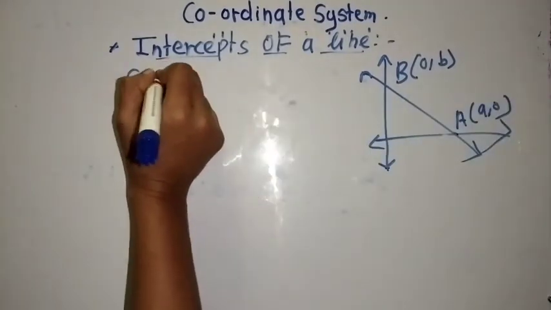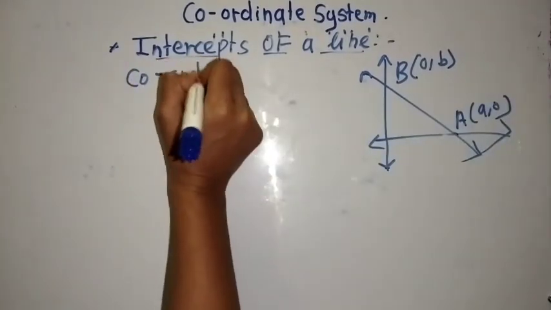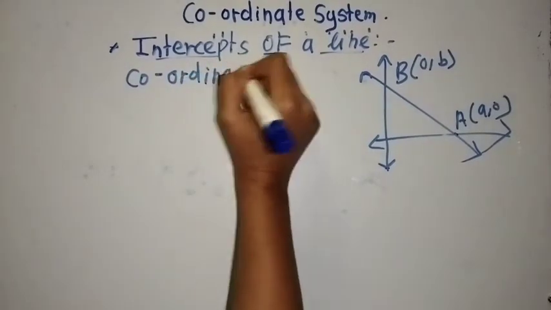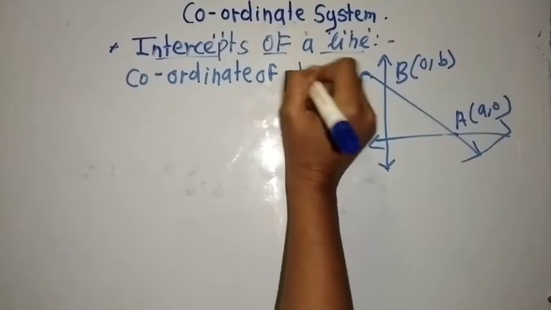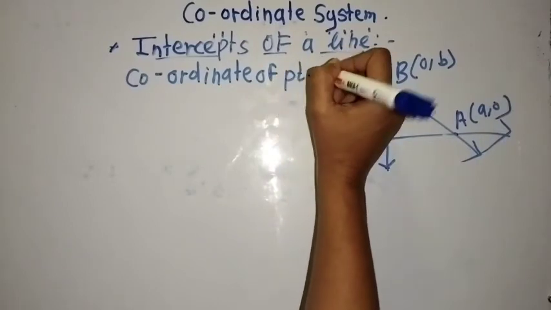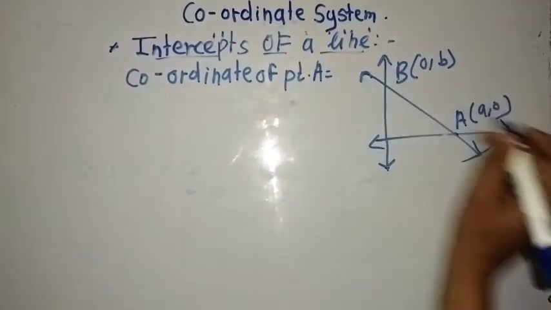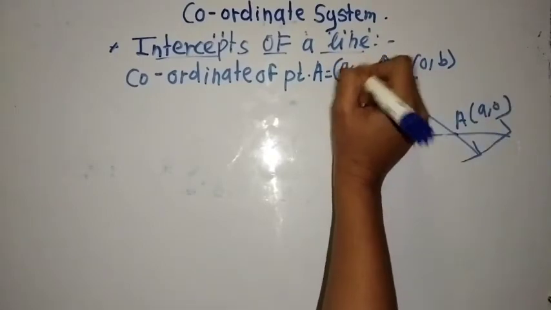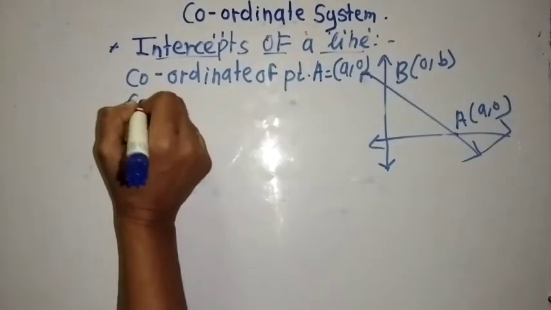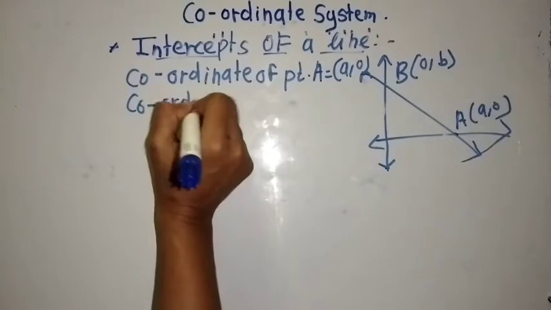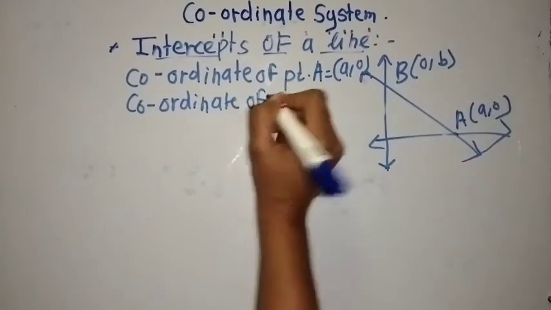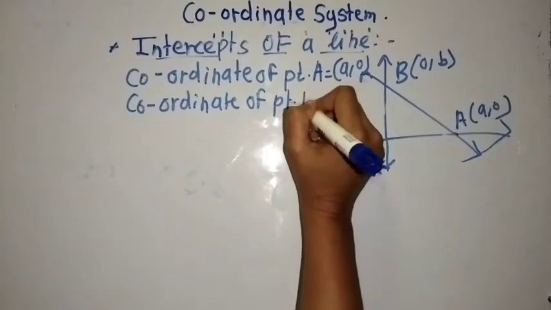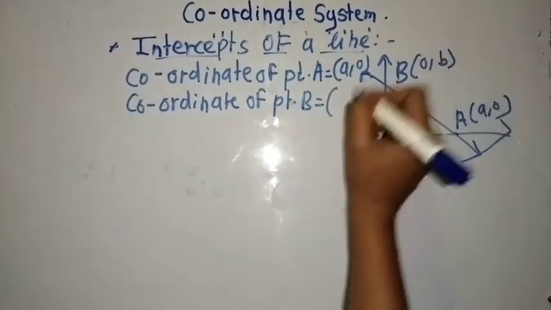Then the coordinates of point A are A0, and the coordinates of point B are 0B.